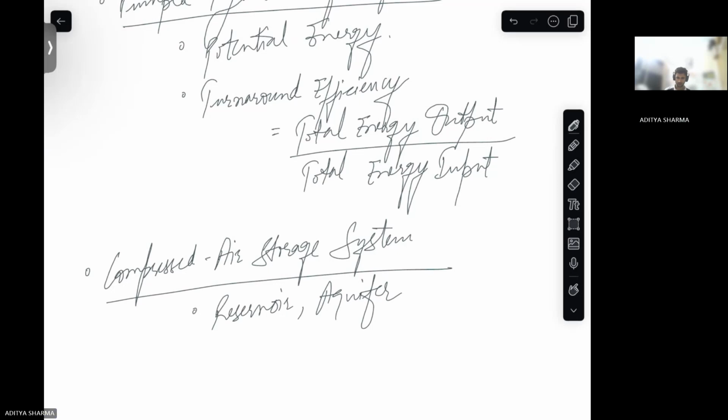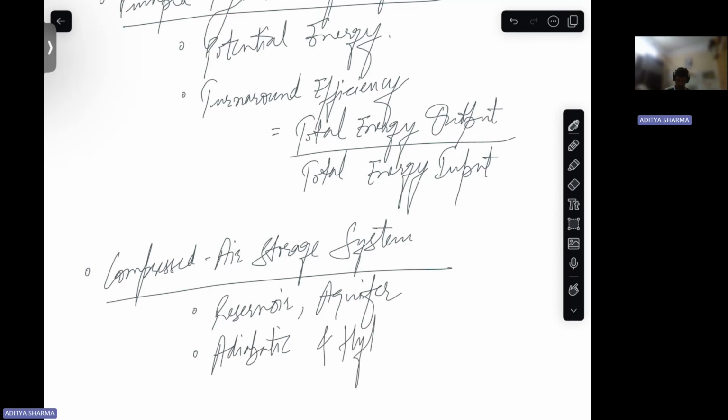Right. So your compressed air storage system, one is your adiabatic and one is your hybrid. Now, what is the difference?